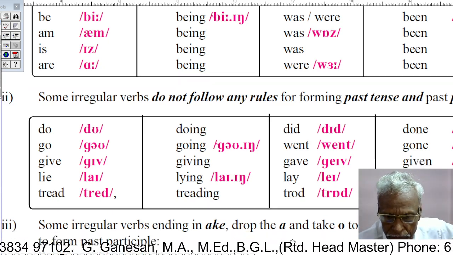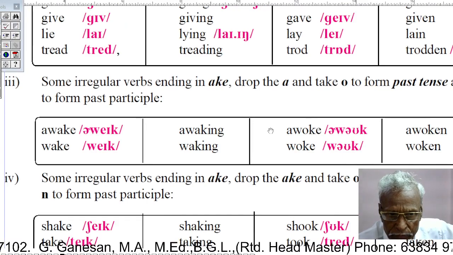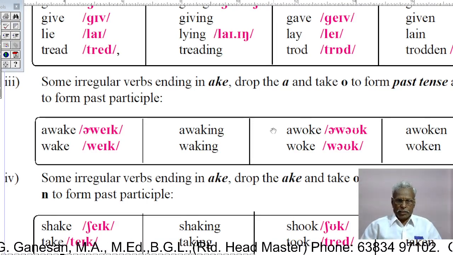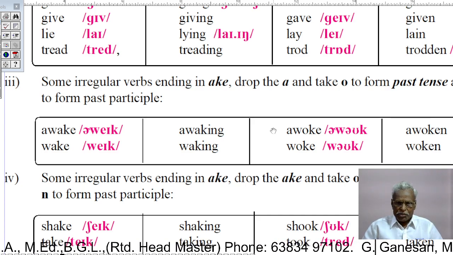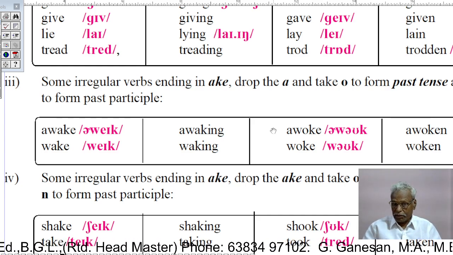Thirdly, see here, third rule. Some irregular verbs ending in ake. That is not all verbs.